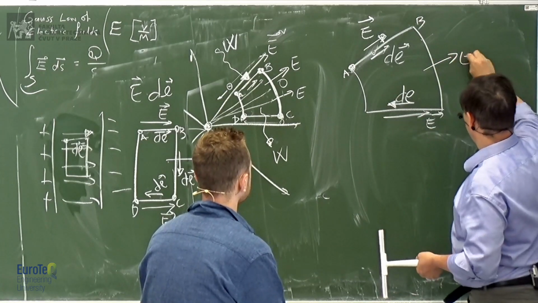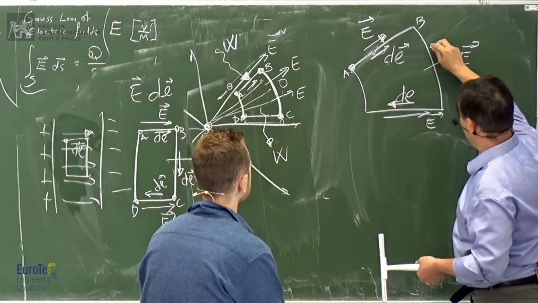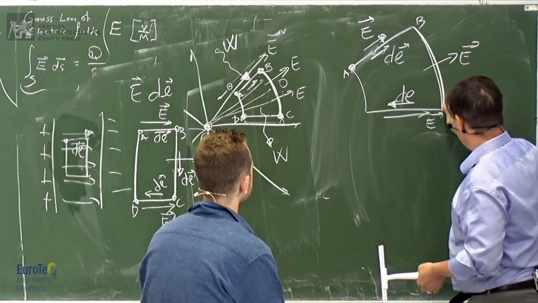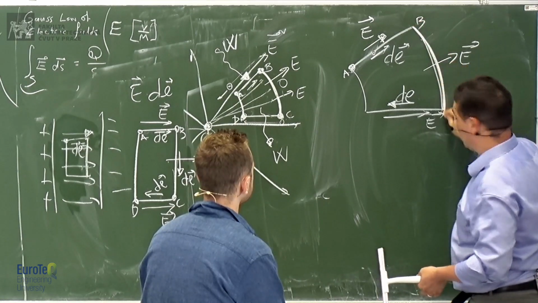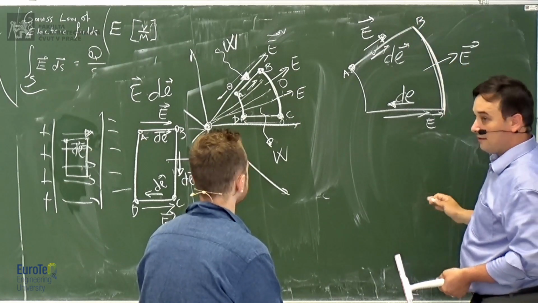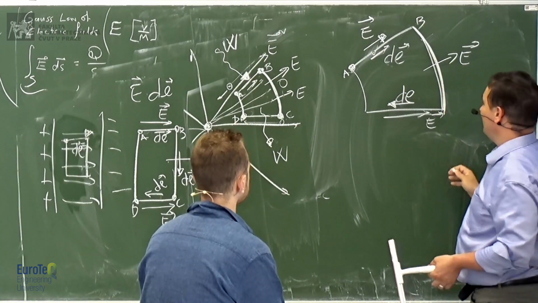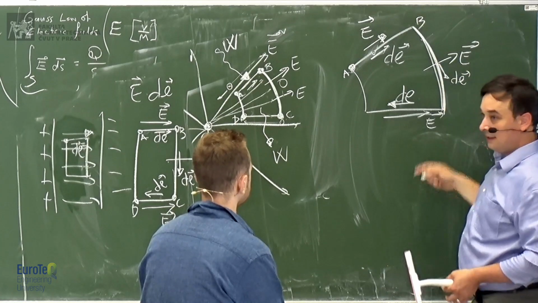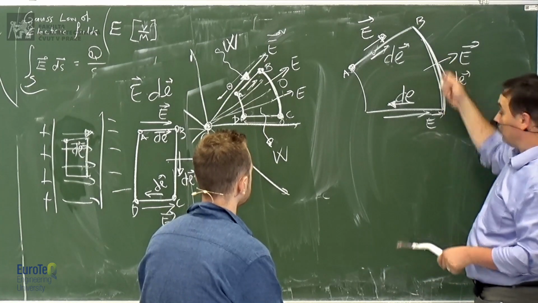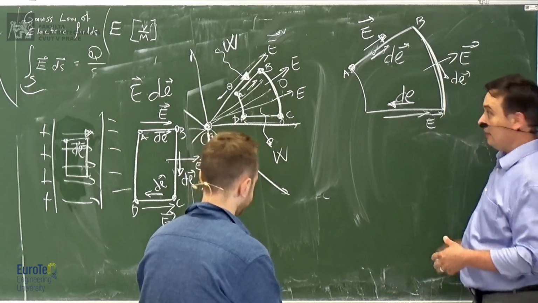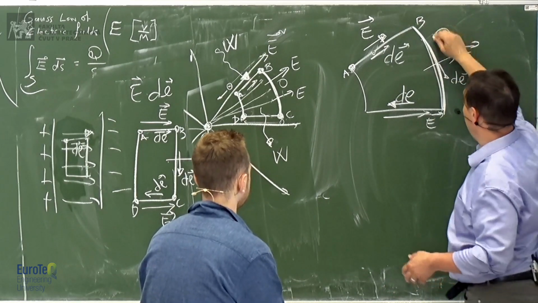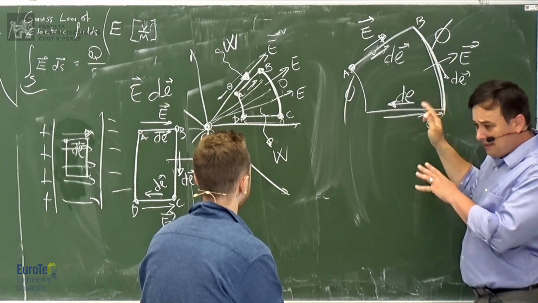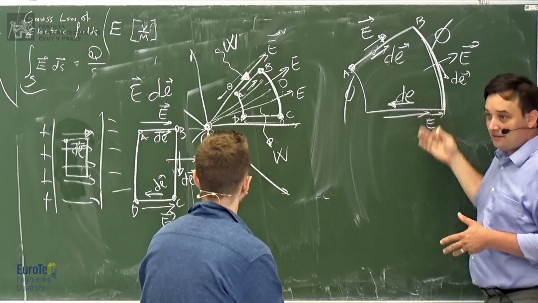Here you have E, which is radial, and since I chose this curved line, dl is tangential, which means that at any point it will be orthogonal to the electric field. So here the contribution will be 0, and here as well. So this is a special shape which is easy to see.